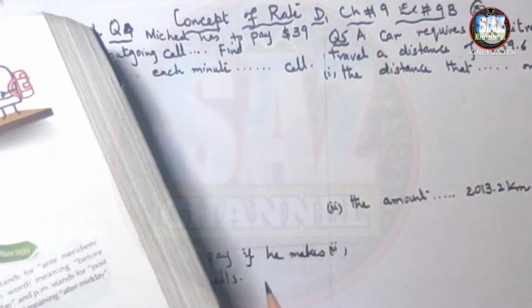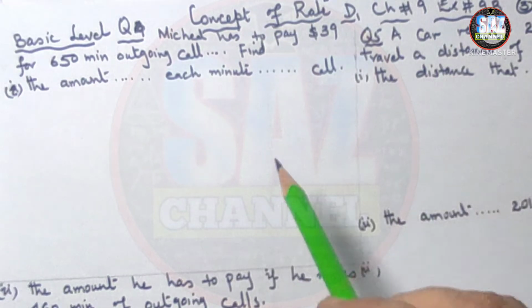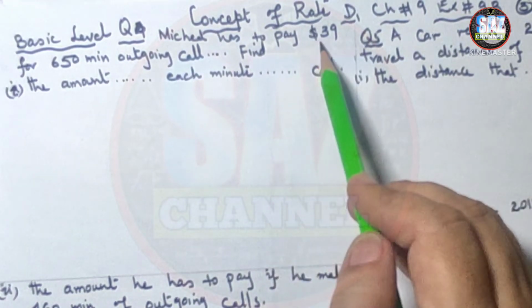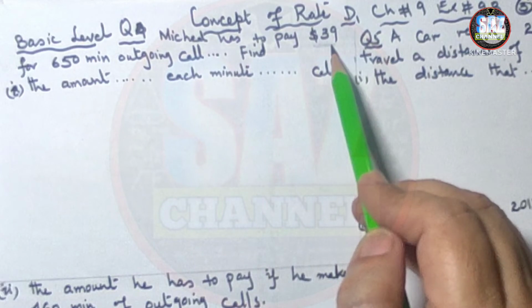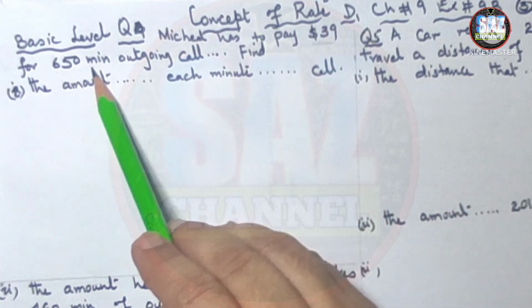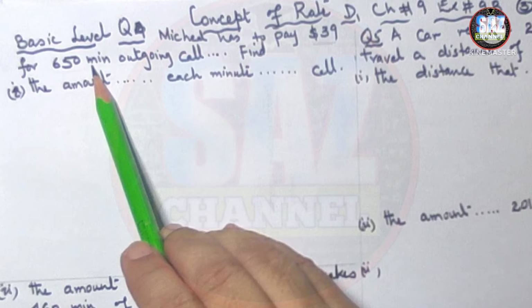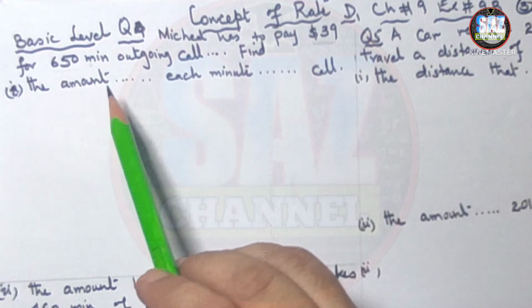We will be discussing each part one by one, and let us read and underline important terms of the question once again. Michael has to pay a total of how much amount? $39, for how much time? For 650 minutes. And in the first part, we have to find the amount charged for each minute of the outgoing call.